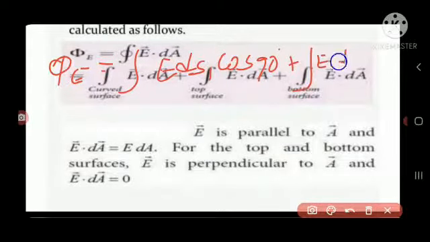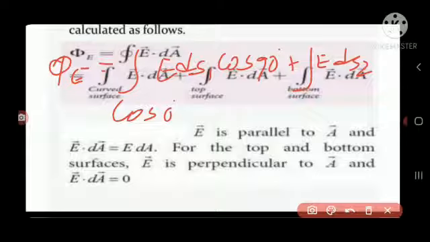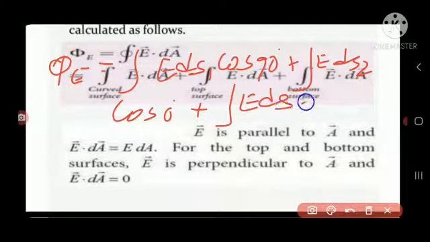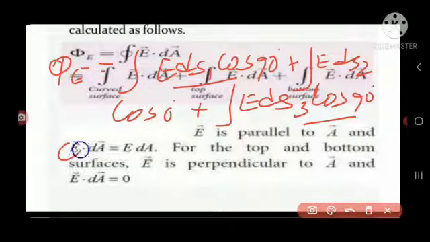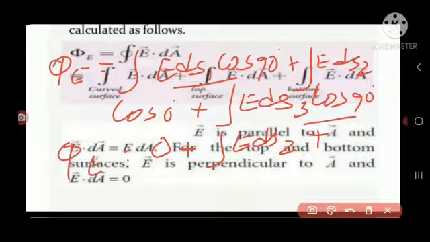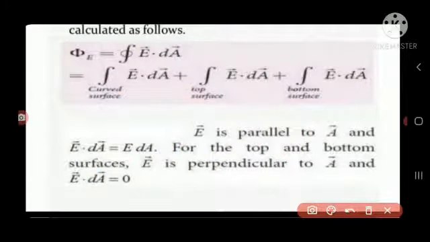Then E ds2 cos 0 degrees. The curved surface is acting in the same direction as the electric field, so the angle is 0 degrees. Then again E ds3 cos 90 degrees, since the lower surface is again perpendicular. So for the first and third, cos 90 is 0. So phi E is 0 plus E ds2 cos 0, which is 1, plus 0. So phi E is equal to the integral of E ds2.